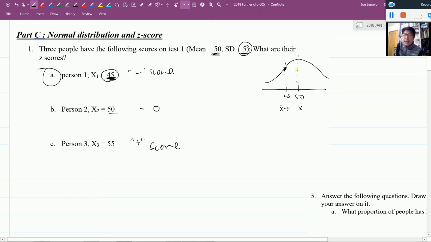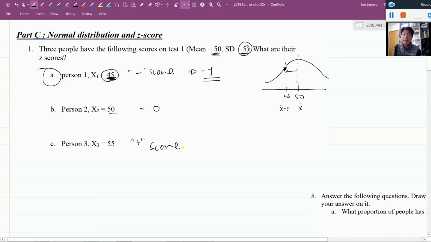This spot is 1 standard deviation backward, so therefore it's -1 as a z-score. The maximum you can get is about -3. You don't really get beyond -3 for a z-score. It's between -3 and +3, and -1 is not that bad. It's just 1 standard deviation away.